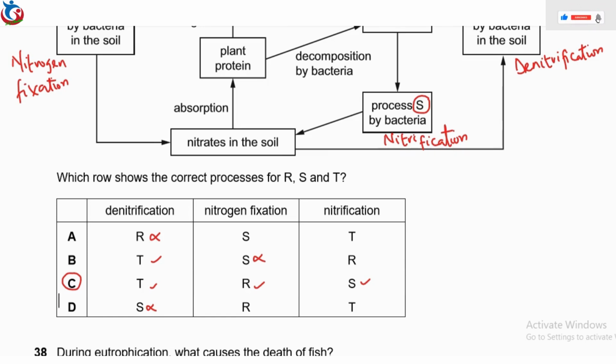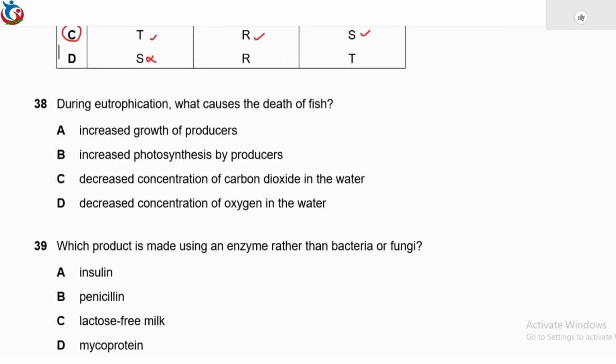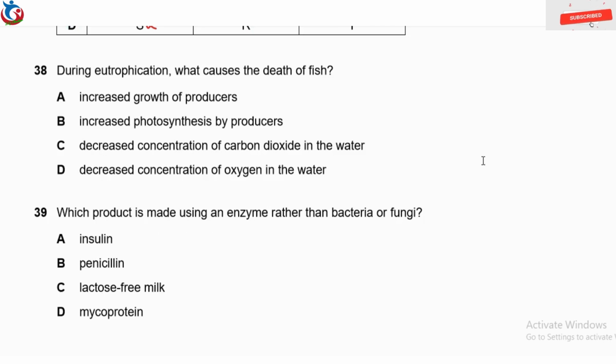Then we'll now move to question 38, which says, during eutrophication, what causes the death of fish?